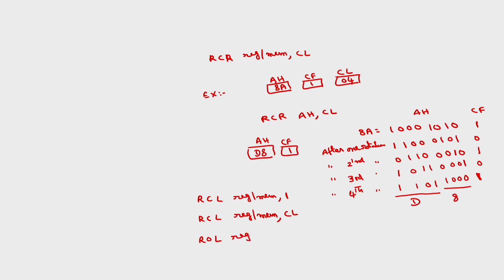The same format, register slash memory comma 1. The difference between this RCL and ROL is, in case of ROL, this is A0, A1, A2, so on.